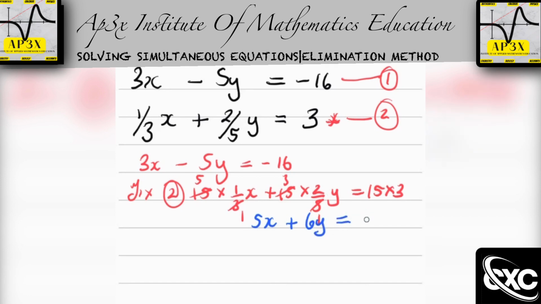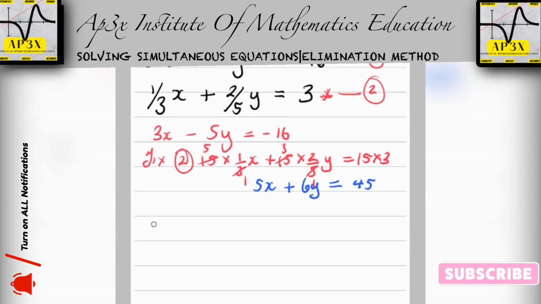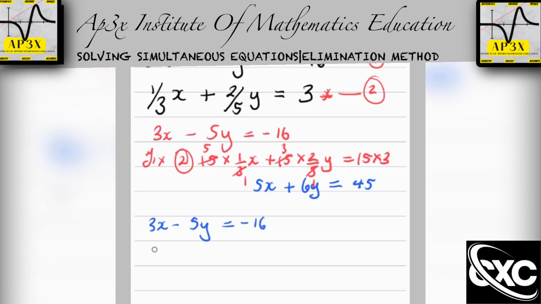And 15 times 3 is 45. So then this now is my fixed equation number 2. Then I can go ahead and align them here. 3x minus 5y equals minus 16, and 5x plus 6y equals 45.